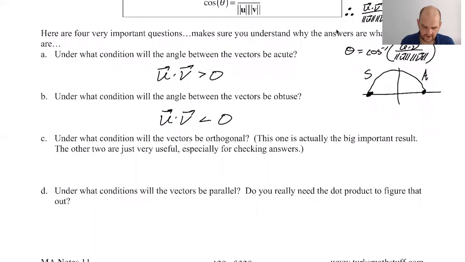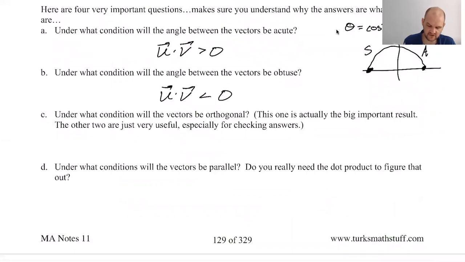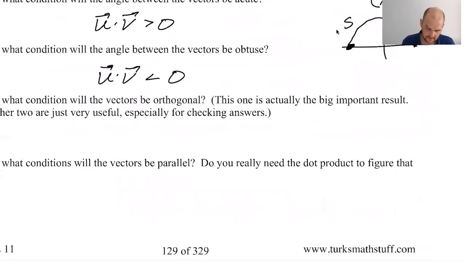Okay, how about if the vectors are orthogonal? If the vectors are orthogonal, then the vectors form a right angle. They form a right angle when you put their initial points at the same location.